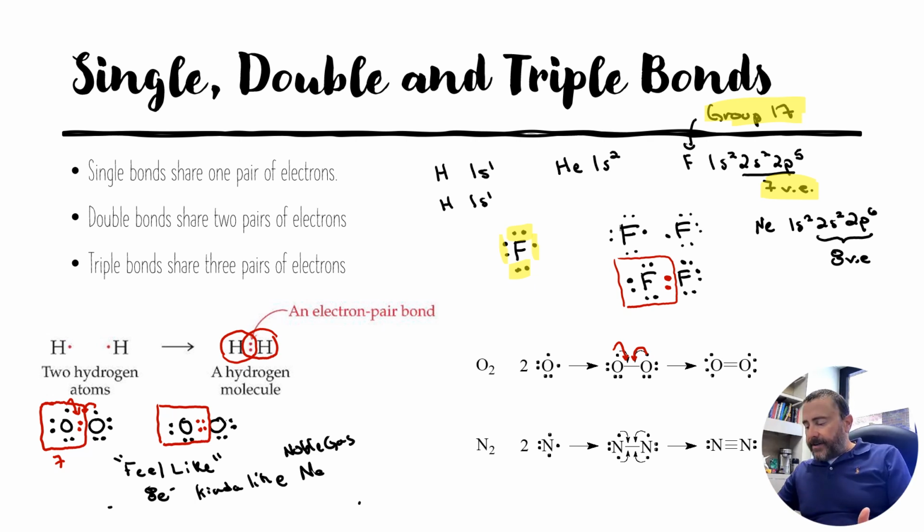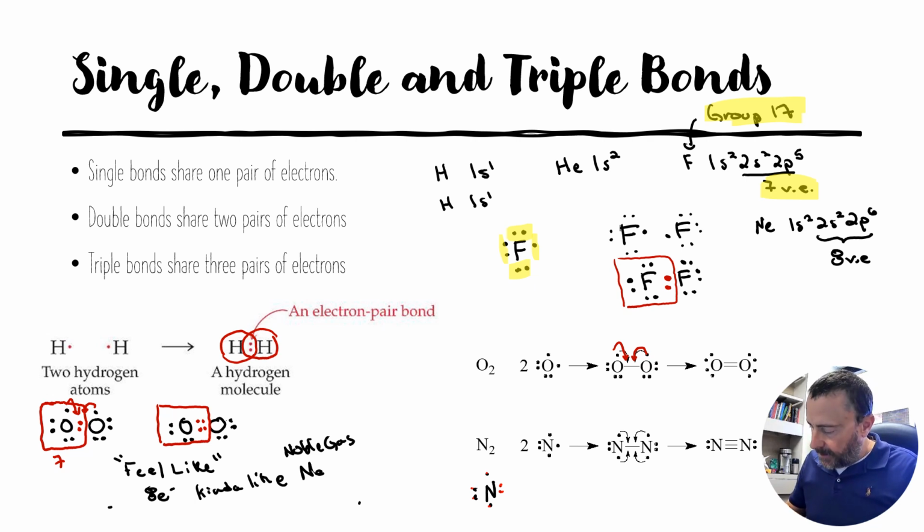If we notice our nitrogen there, nitrogen likes to form that triple bond because if it forms only a single bond, then it would have 1, 2, 3, 4, 5, 6 electrons around it.